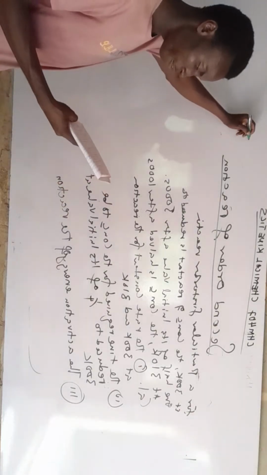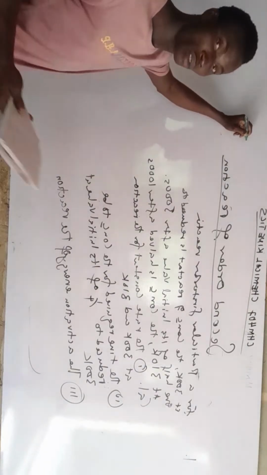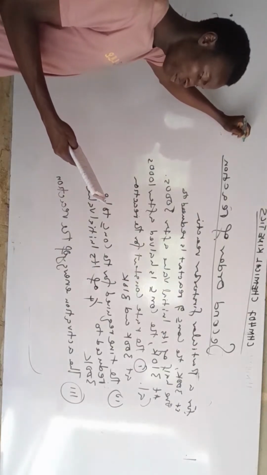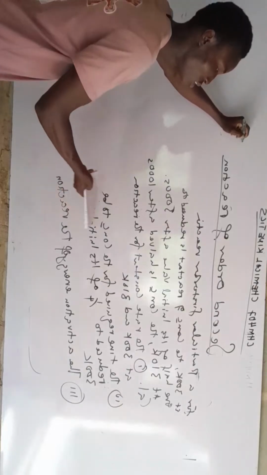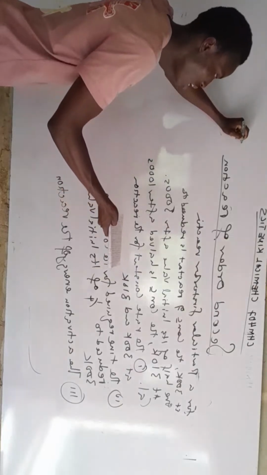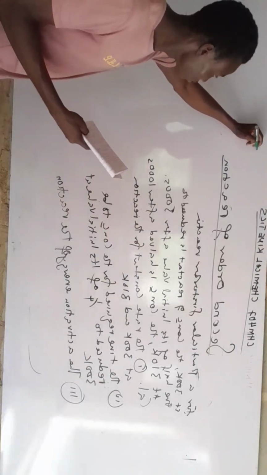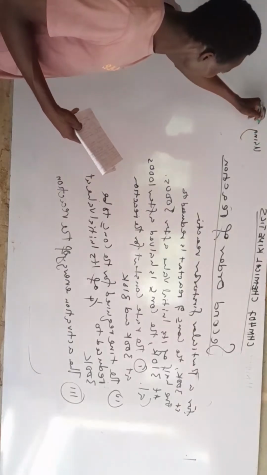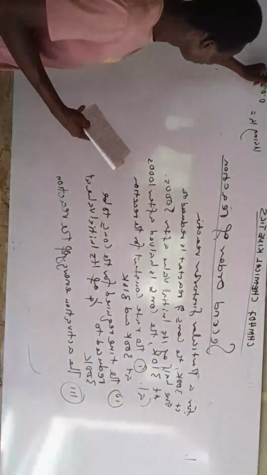For the first question, you need to calculate the K, which is the rate constant at different temperatures.